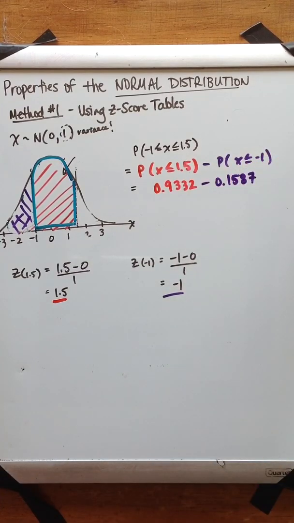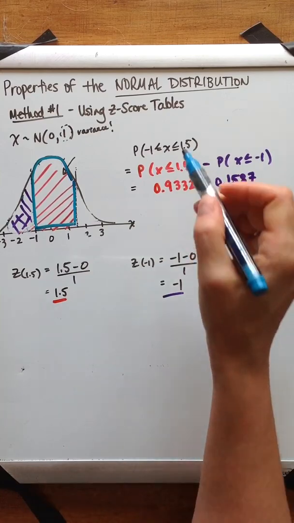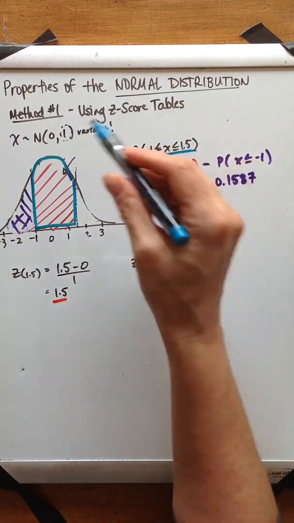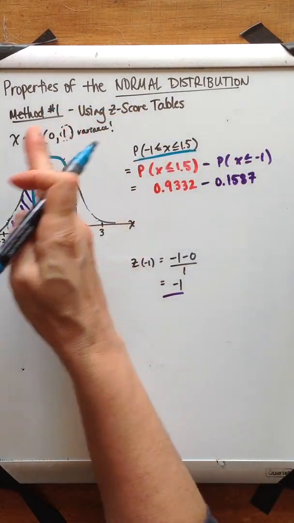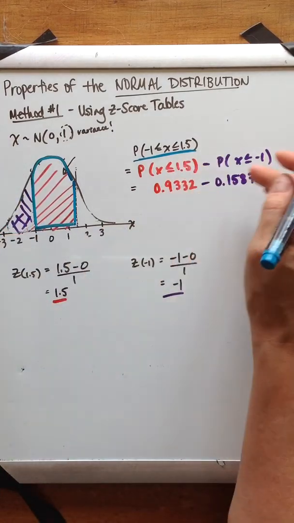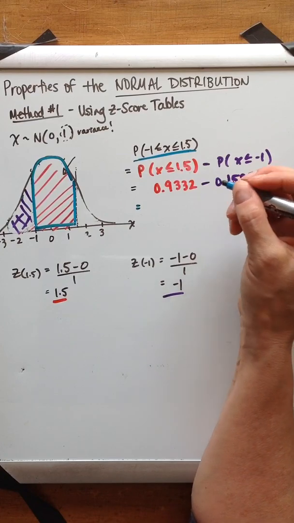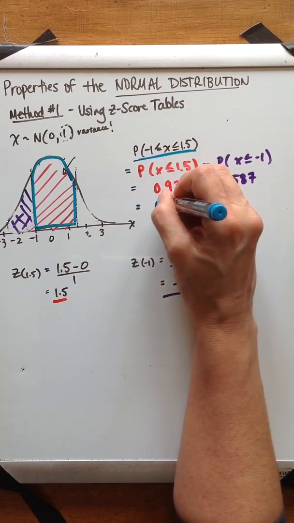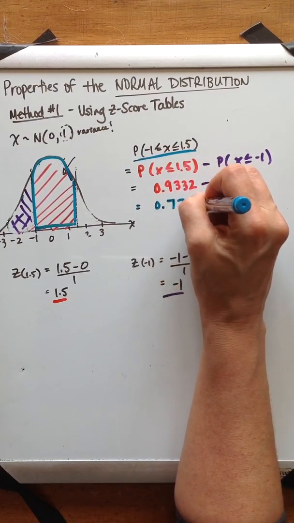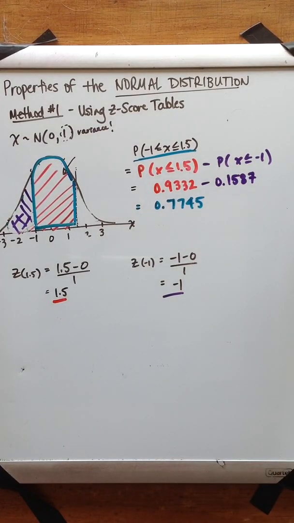All right, so the probability of this middle chunk right here, the one that's shown in teal, is all of red minus purple. When we subtract them, we get a value of 0.7745. So there you have it.